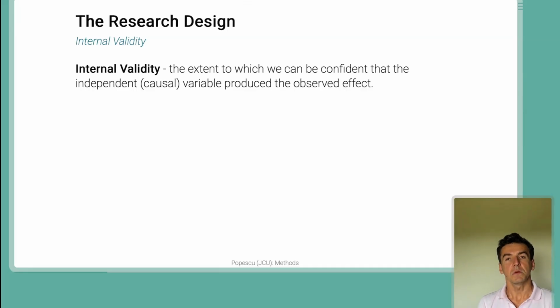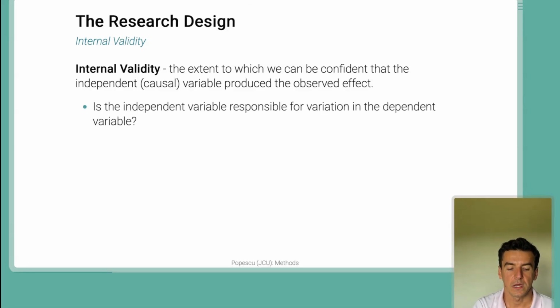Okay, so I mentioned the notion of internal validity. So this essentially means the extent to which you can be confident that the independent variable is the thing that causes variation in the dependent variable. So another way of putting this is, is the independent variable responsible for the variation in the dependent variable?